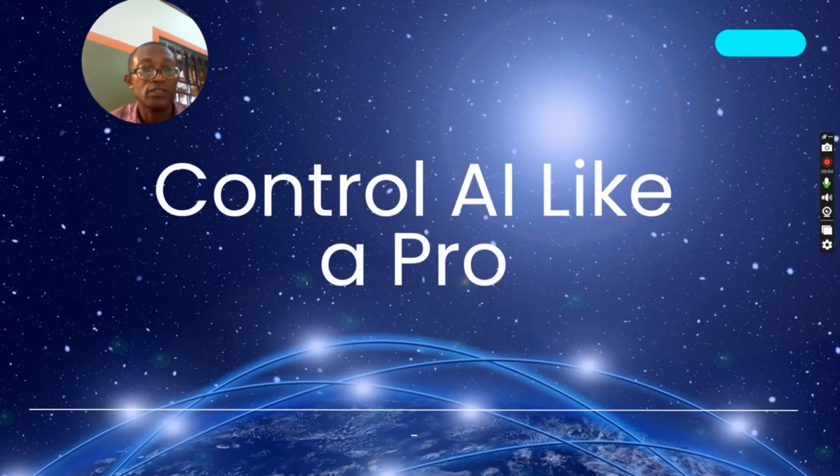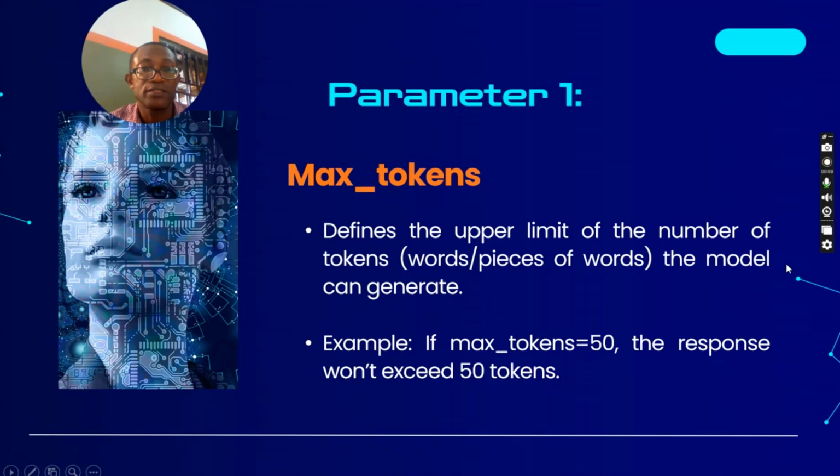First, parameter number 1 is the maximum token, which we normally call max tokens. This parameter is very important and critical because it defines the upper limit of the number of tokens, which are the words or pieces of words the model can generate.